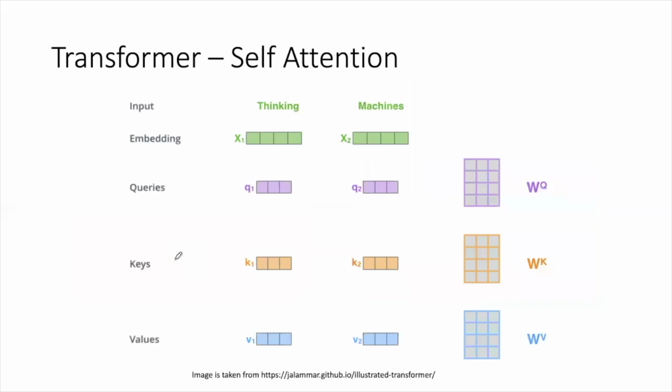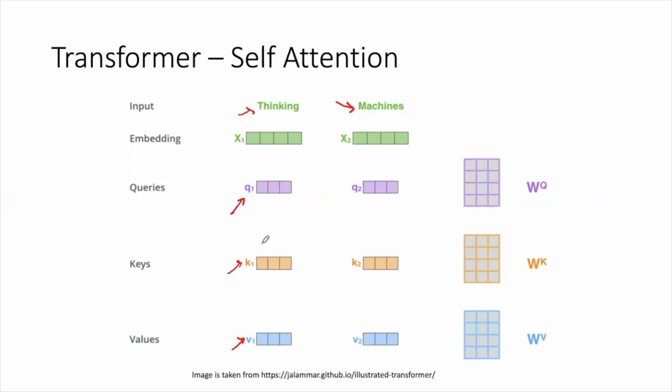So here we have two input words, thinking and machines. They are represented by these vectors x1 and x2. Those are the vectors to start with. Now for each of these input words, we represent them by a query vector, a key vector, and a value vector.